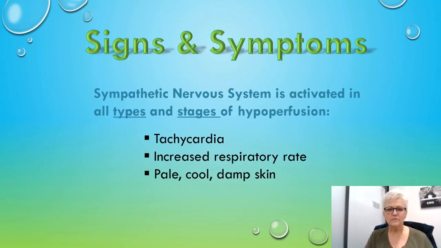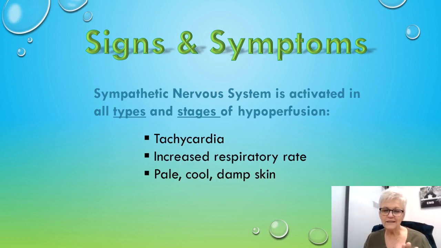Okay. So one thing I want to make real clear is the signs and symptoms of shock happen when that sympathetic nervous system is activated. This is going to happen in all types and in all stages of hypoperfusion or shock.